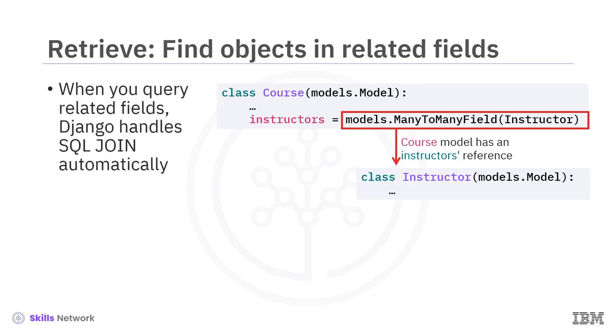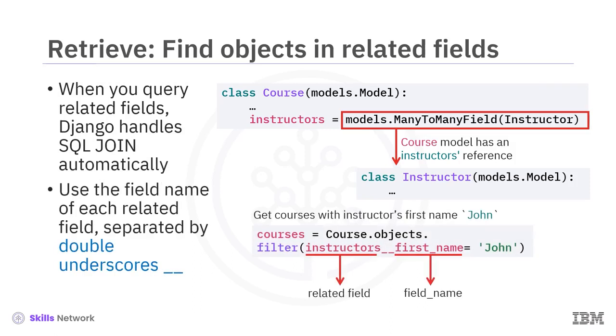When querying related records in a database, Django handles SQL join automatically, so you can read related objects using references. You can also create lookup parameters on the related fields in other objects. For example, to find all courses with an instructor whose first name equals John, we can create a lookup parameter with the related field called instructors, followed by a double underscore, then followed by an instructor's field called first name.